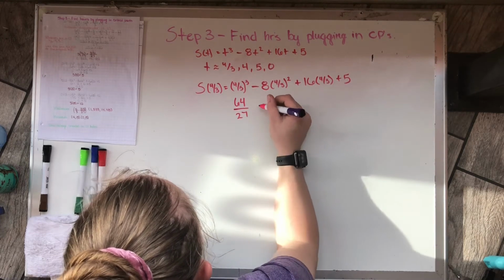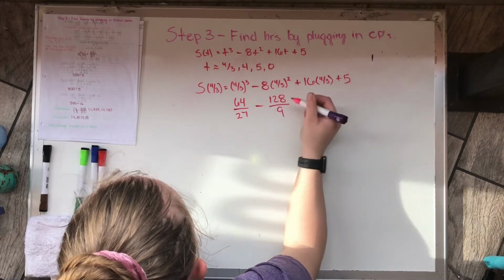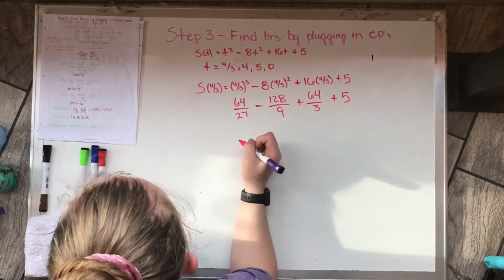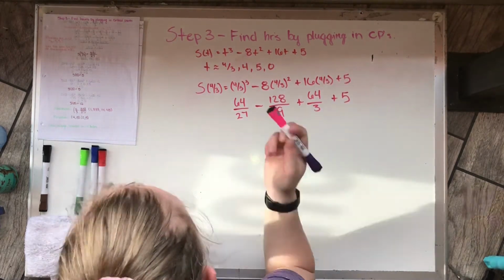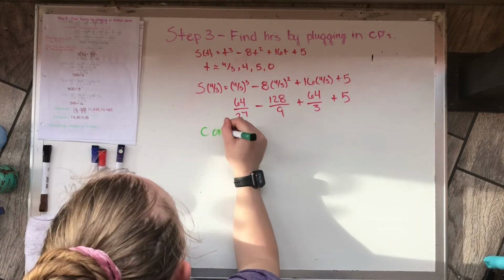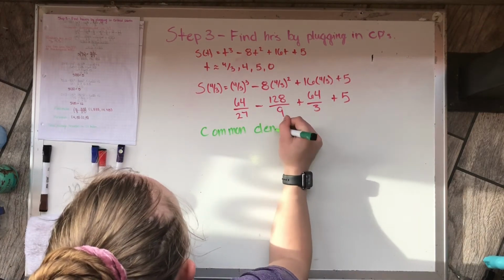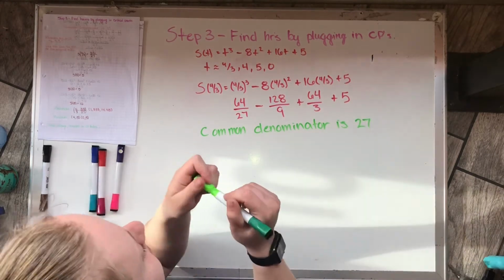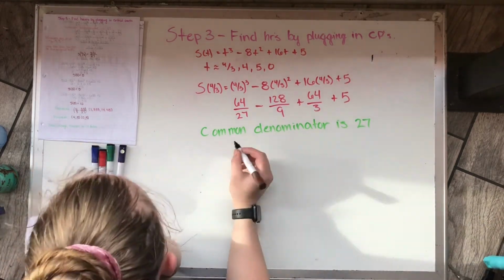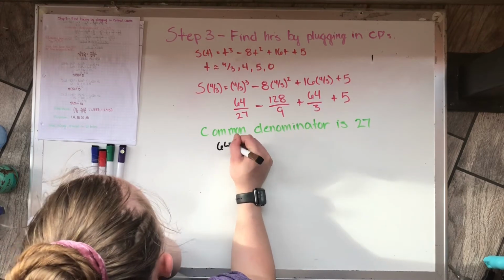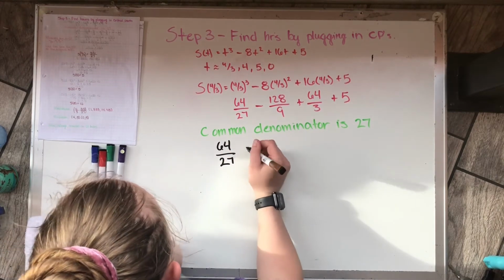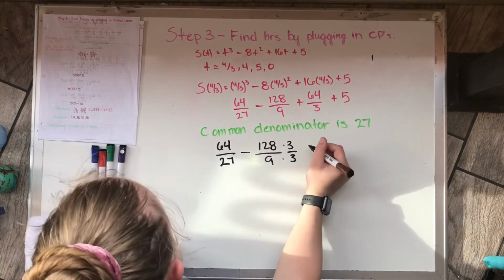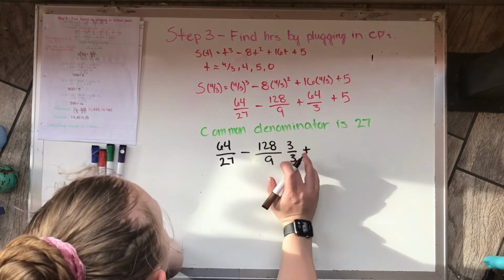So if you do the math, it's 64 over 27 minus 128 over 9 plus 64 over 3 plus 5. And the common denominator is 27. So I lessened all of the steps and just multiplied everything by what the common denominator would need to be.